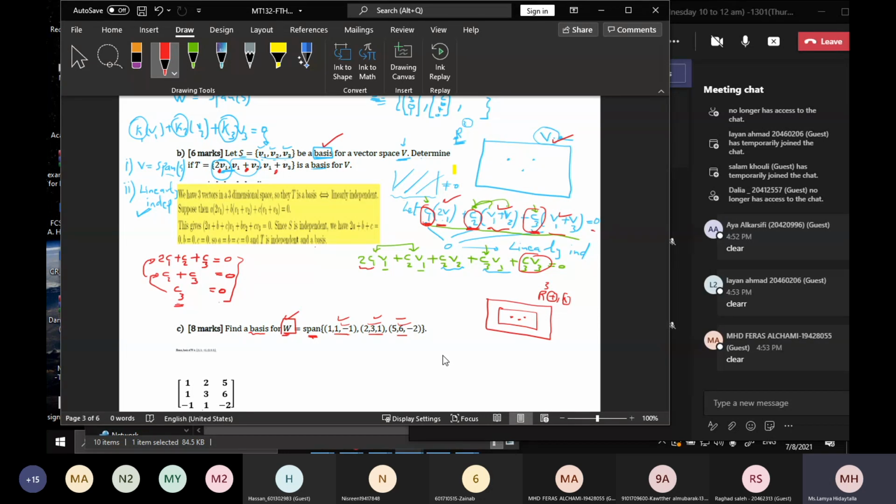How can I find the basis? Any idea? We said the basis should be what? Linearly independent. Yes, they span the space, but they should also be linearly independent. Now, I have 3.